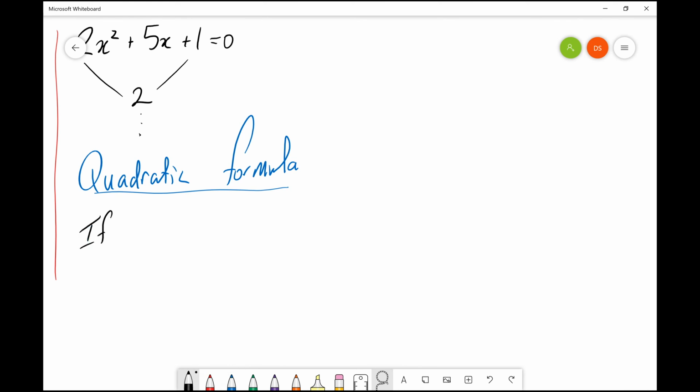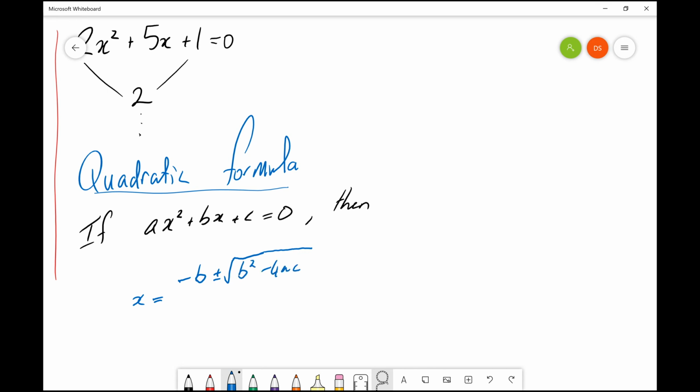If you have a quadratic that looks like ax squared plus bx plus c equals 0, then it's true that x equals negative b plus or minus the square root of b squared minus 4ac all over 2a. And this is called the quadratic formula.